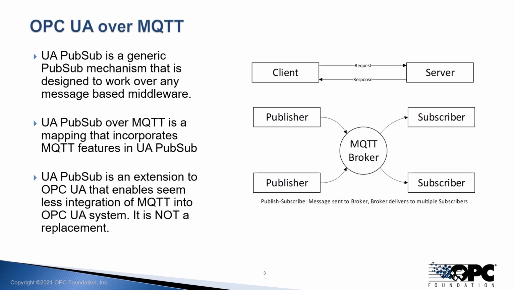So you have a situation where your publishers and subscribers are completely decoupled. They don't even need to be online at the same time, if your middleware supports some sort of message persistence.